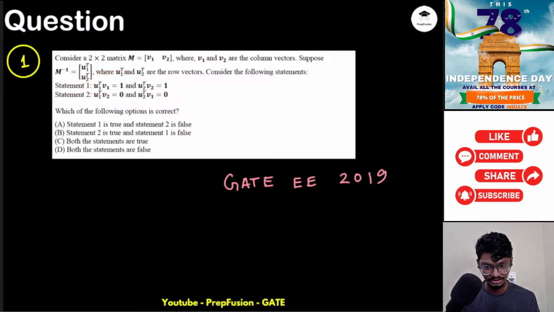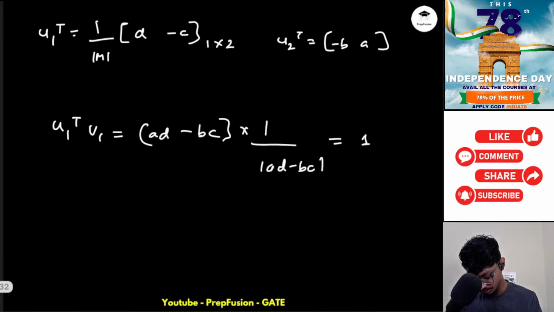So statement 1 of the first option is correct. Let's check the second option, which will also be correct. We do the same multiplication, u2 transpose into v2. What is u2? It is minus b, a.